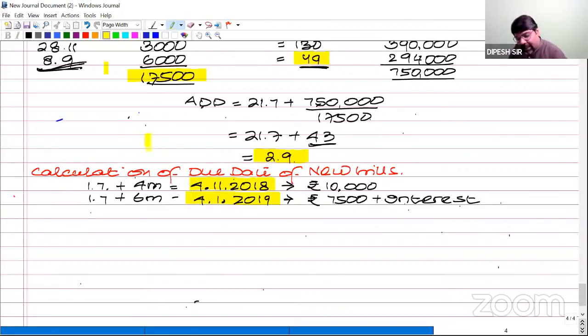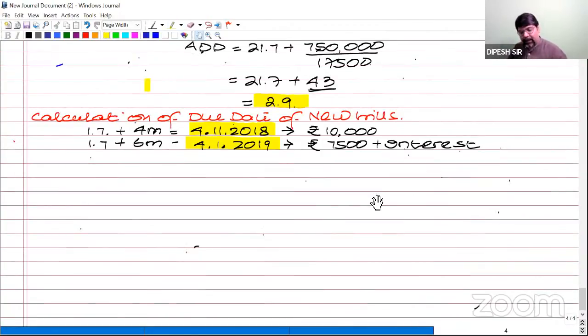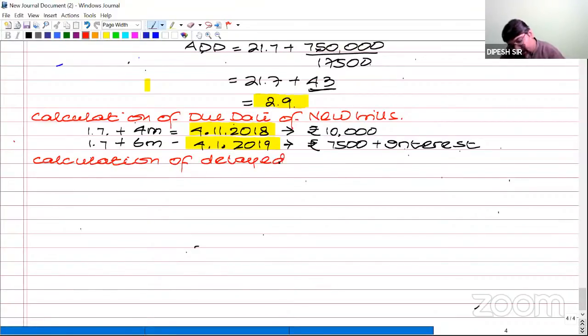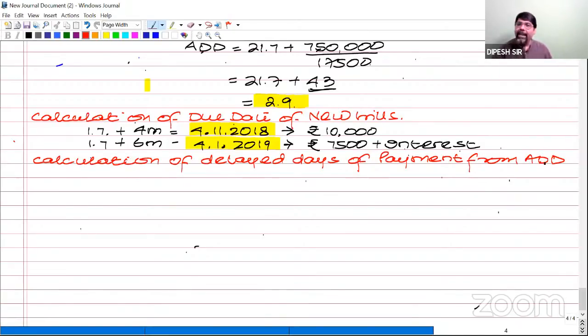So let's calculate interest. So first, calculation of delayed days of payment from the average due date.